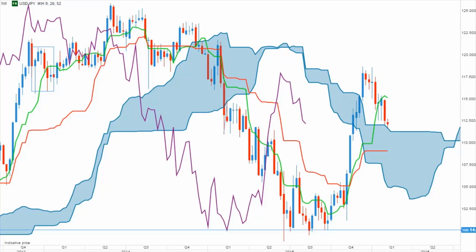The Kumo is below the price line, so there has to be some bullishness to it. It has a kind of flat top here, which is also supportive. But when we look into the future, it hasn't built enough stability, like a rising Kumo.